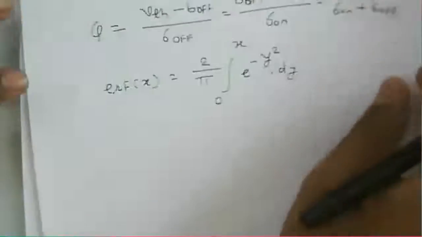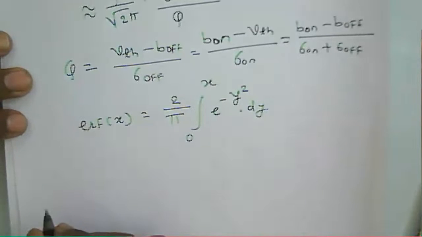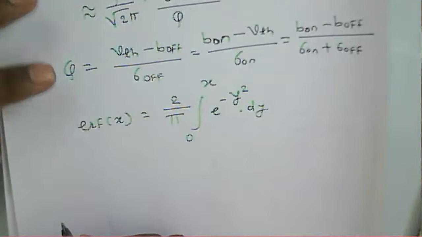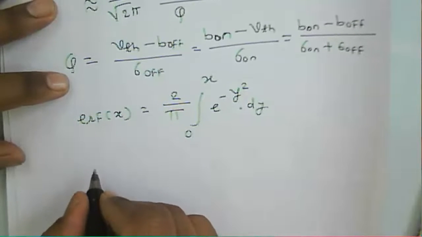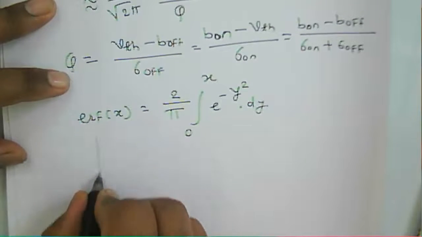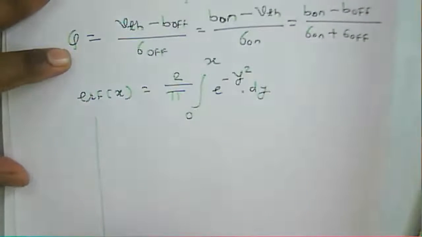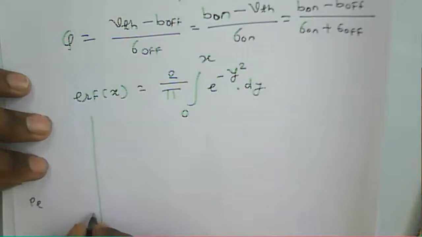So we can write the probability of error, or the BER, with respect to the Q value. Now the graph reflects the probability of error P against the value of Q.